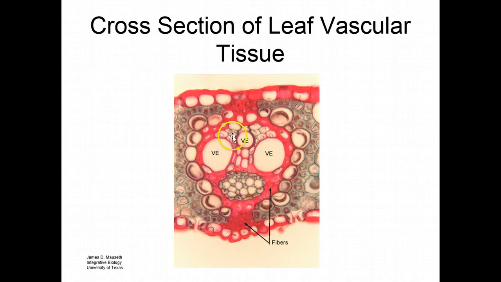And right here, a little bit here, and a little bit here, that little tiny bit there is a companion cell. Okay, and this is phloem. So basically, if you're looking at a cross-section, you identify the xylem, and since you can easily identify the xylem, the stuff close to it is probably going to be phloem.